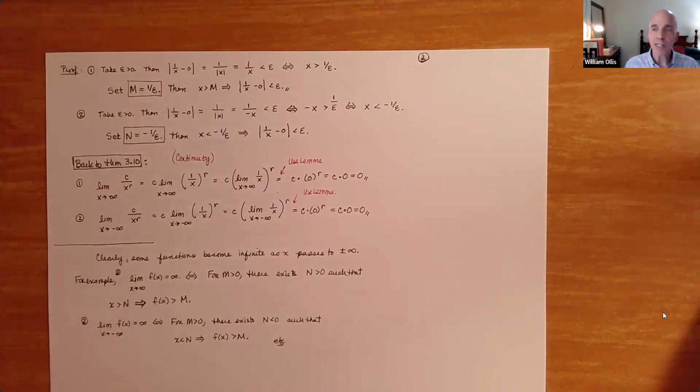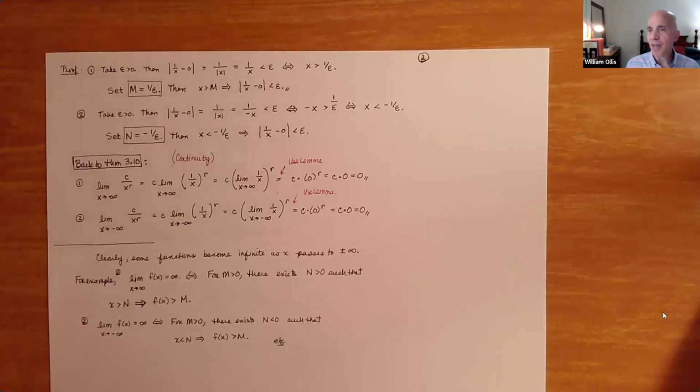So for instance, if we specify a particular value of epsilon, what m would suffice? Now, let's also remember, once an m or an n is selected, if you have a positive situation, certainly any larger m would work. If you have a negative situation, certainly any more negative number would work.